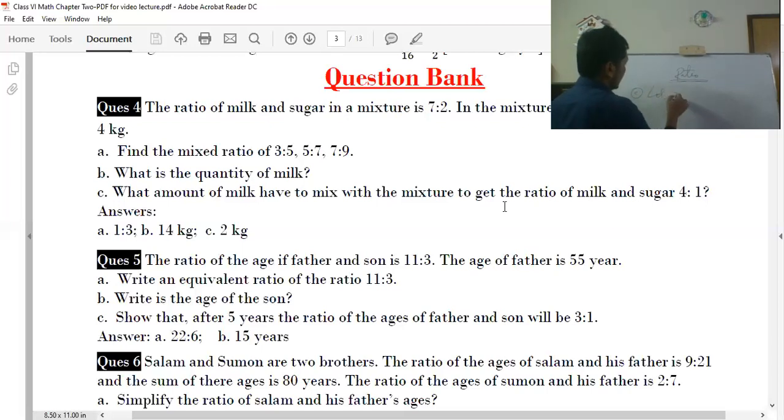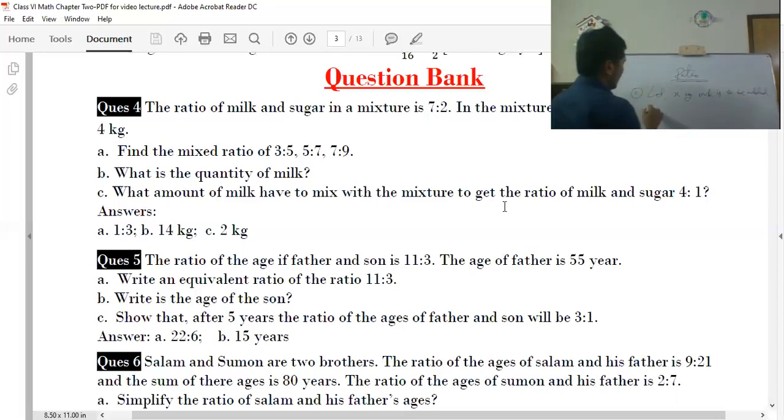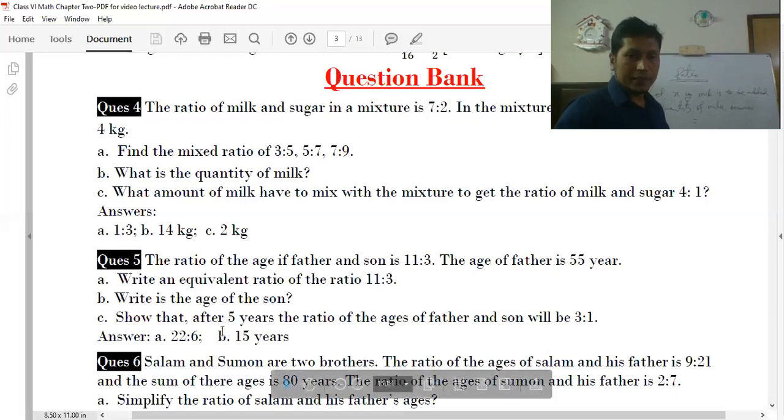Let x kg milk be added. So the quantity of milk becomes... In part B, we have learned the quantity of milk was 14 kg.